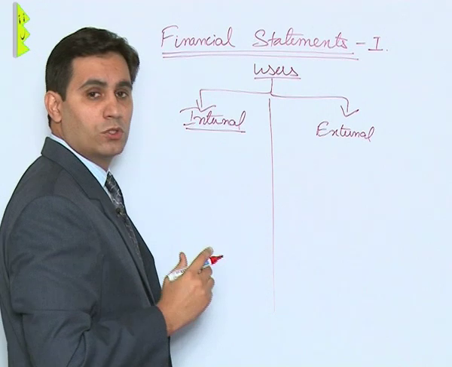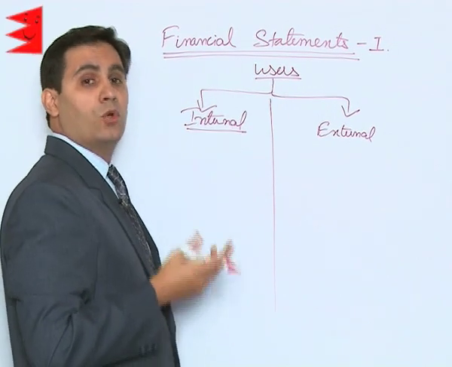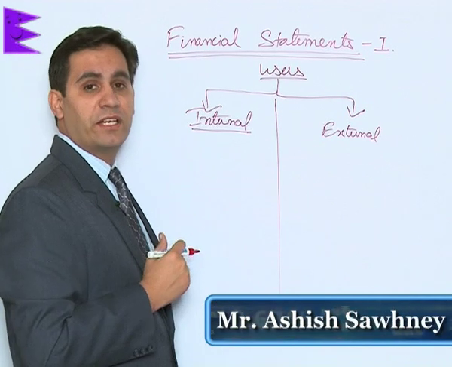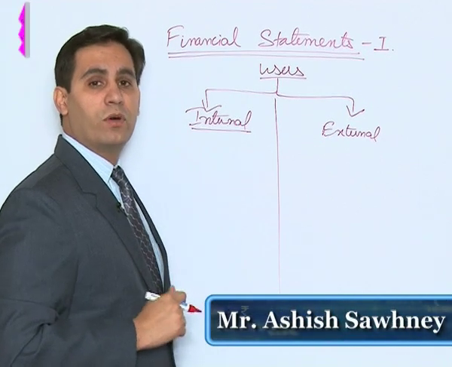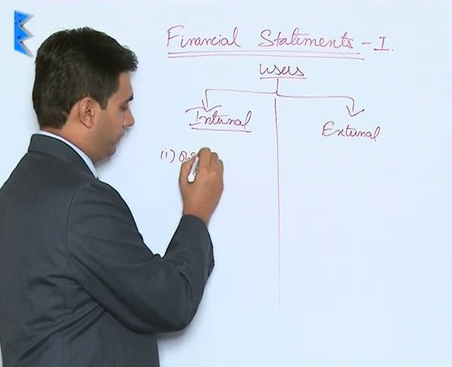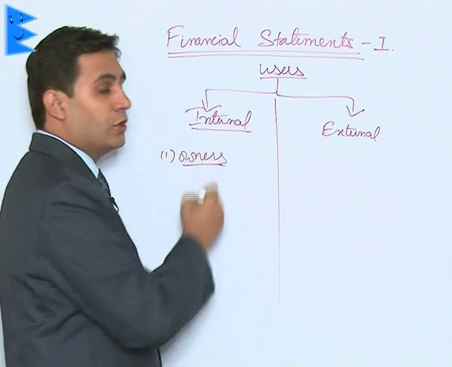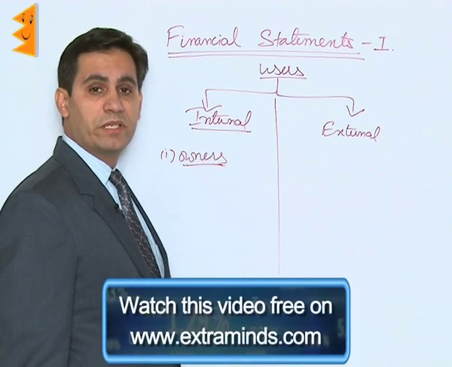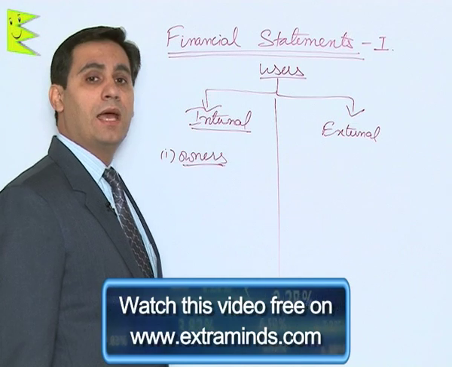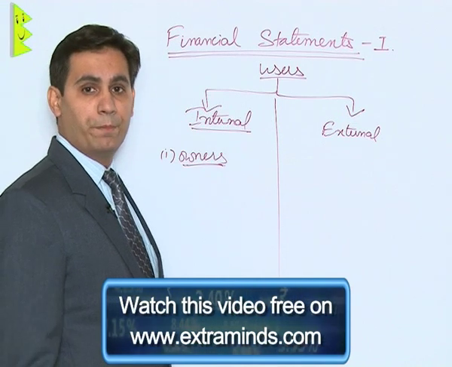Internal users are those persons or individuals who are from within the organization. They are interested in the financial statements so as to assess the performance of a business. For example, owners. Owners have invested a lot of money in the business and hence are concerned about the safety of their investments and the profitability of the business.